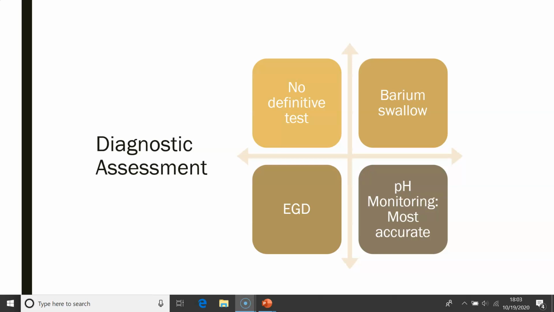The patient is asked to keep a diary of activities and symptoms over 24 to 48 hours, depending on the diagnostic method. The pH is continuously monitored and recorded. Just keep in mind that pH monitoring is the most accurate form, but sometimes they will have an EGD or a barium swallow as well.